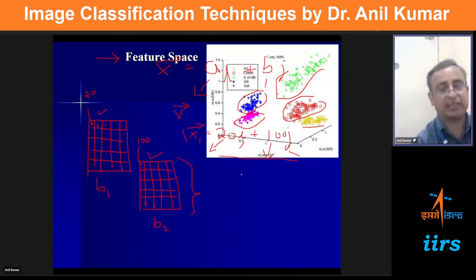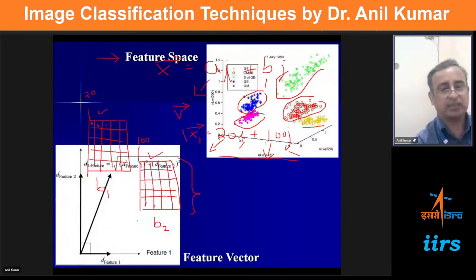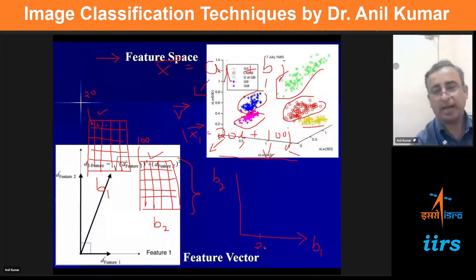So if my image is 2-dimensional, you can simply plot the vector like this. Here the B1 value will come on one axis and the B2 value will come on the other. Now if you have two values like 20 and 100, you take the 20 value for the first band pixel and the 100 value for the second band pixel, and if you join them here, the point will come somewhere here.